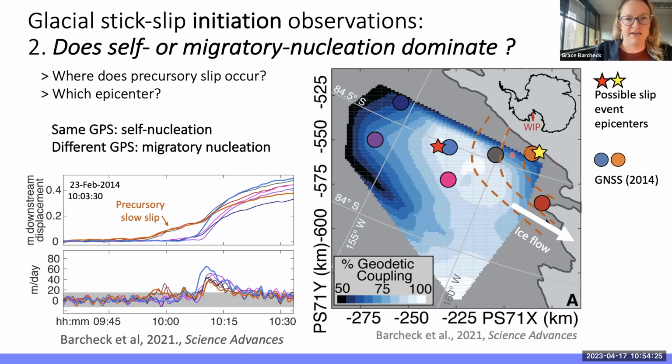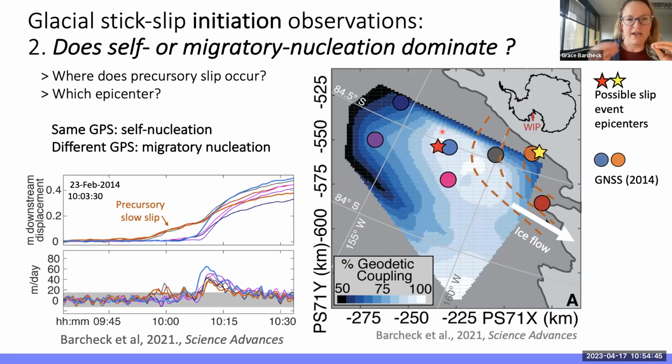In this case, at the orange, red, and gray locations. And then which epicenter does the slip event actually start at? And to answer that question, we have 2 GNSS instruments installed pretty close to these epicenters.